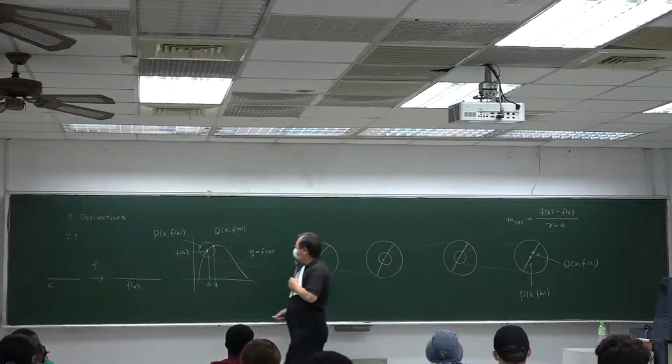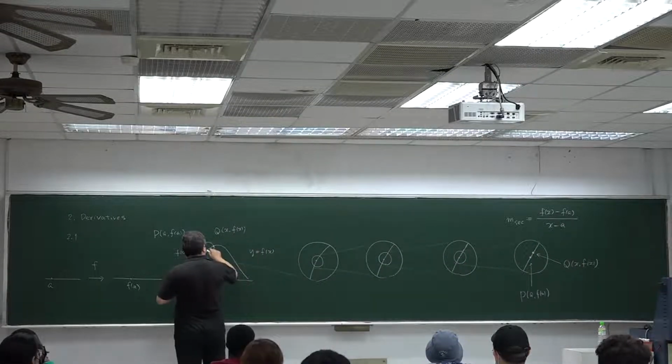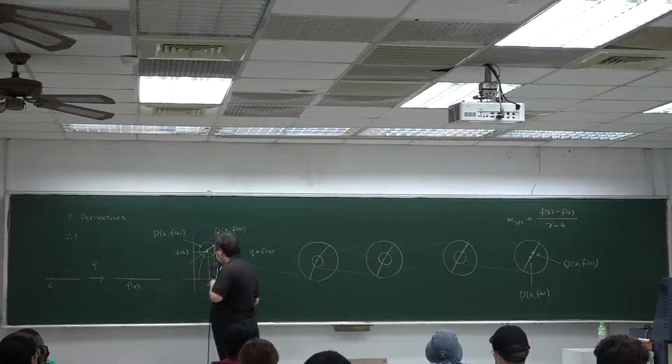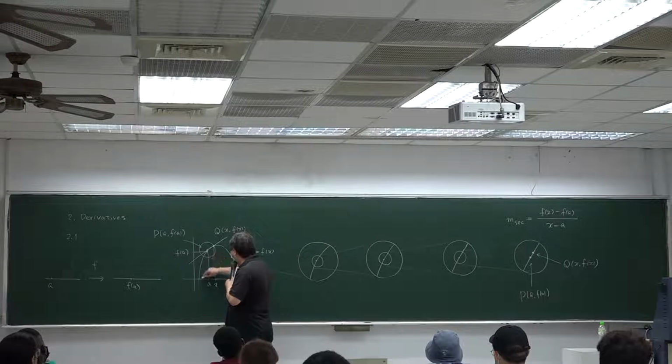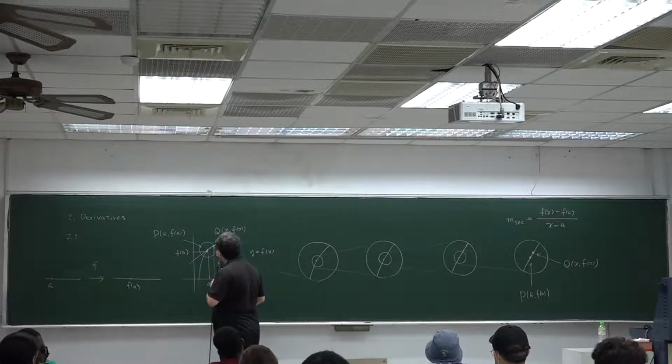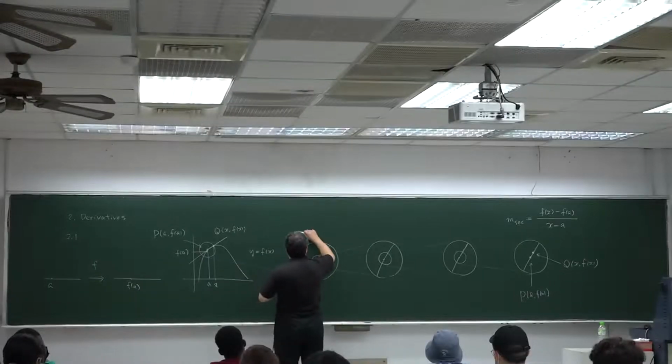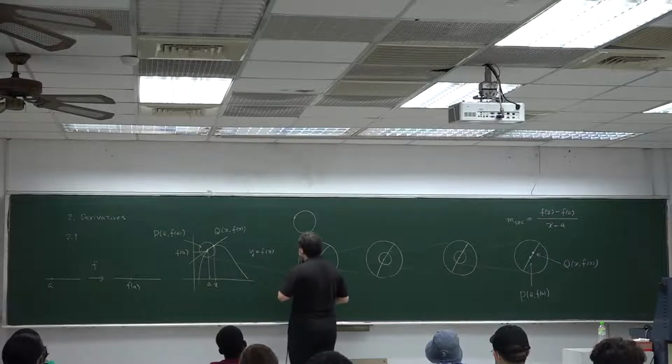Why do we need the secant here? Because if a straight line passes through these two points, this is a secant line to this curve. Just like for a given circle, a straight line that intersects this circle at two points, we call the secant.